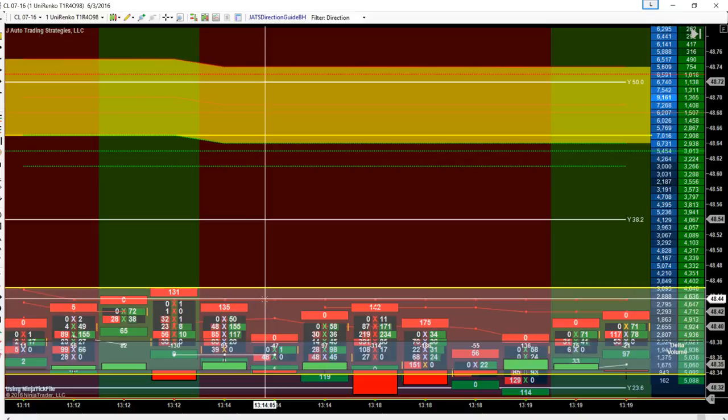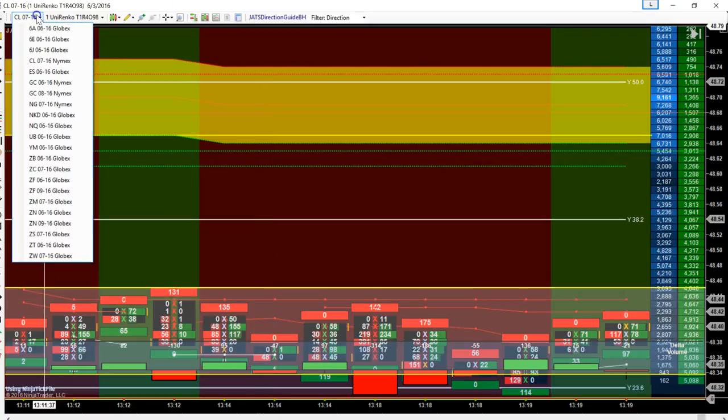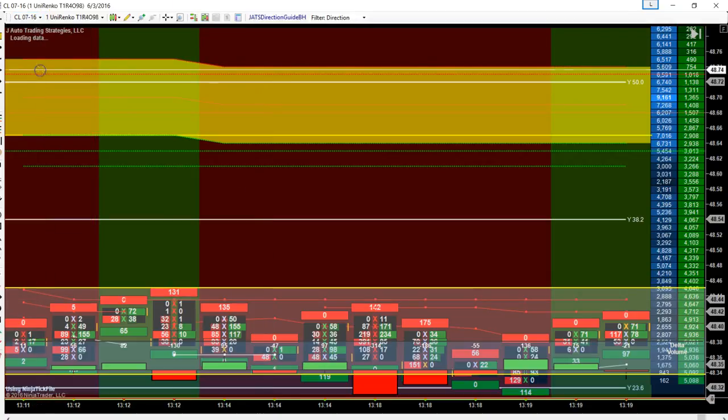The E-mini, this is fabulous for the E-mini because I think it's more helpful on the E-mini than anything else because there's so many contracts traded. And I'll show you what I mean. So let's change it up here to the E-mini.